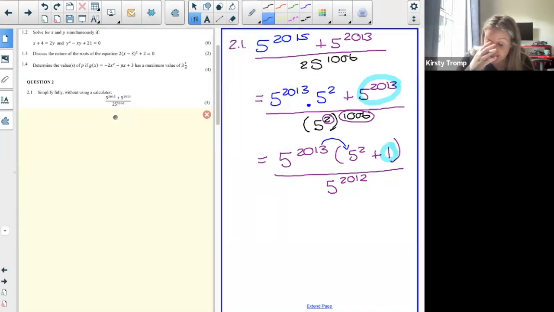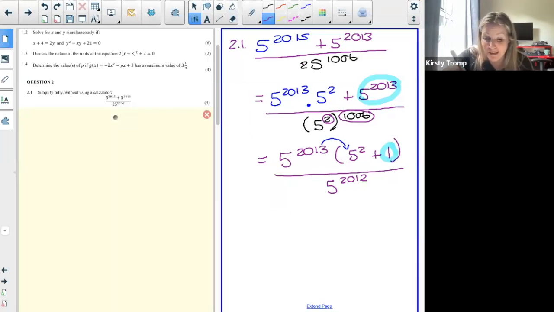Okay, so let's see where we are. I've got 5 to the power of 2013 on the top and 5 to the power of 2012 on the bottom. What can I do here?